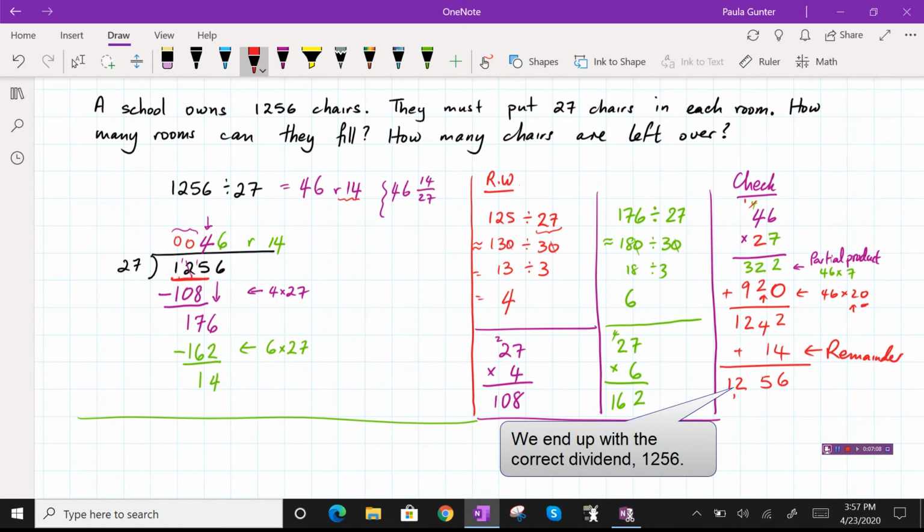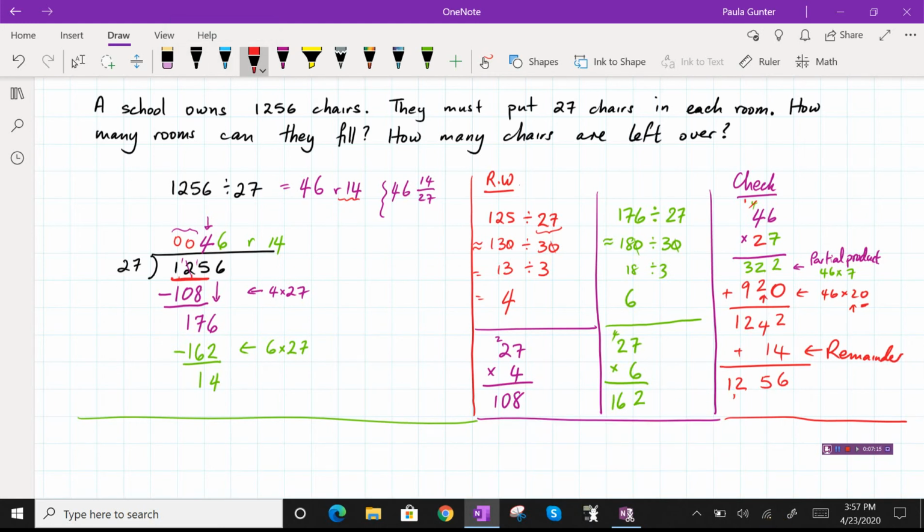All right, so now I'm prepared to answer the question. The question asked, how many rooms can be filled? And we can say 46 rooms can be filled. These 46 rooms could be filled with 27 chairs each.